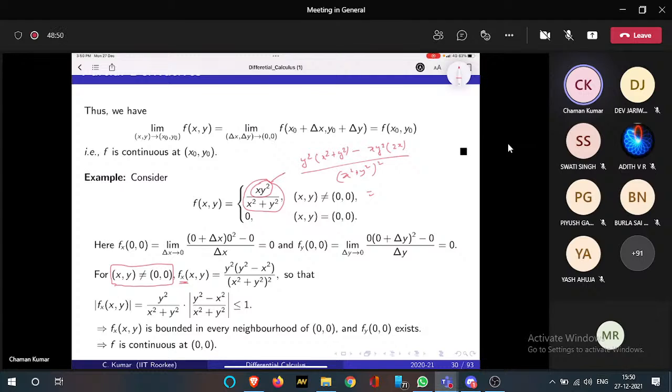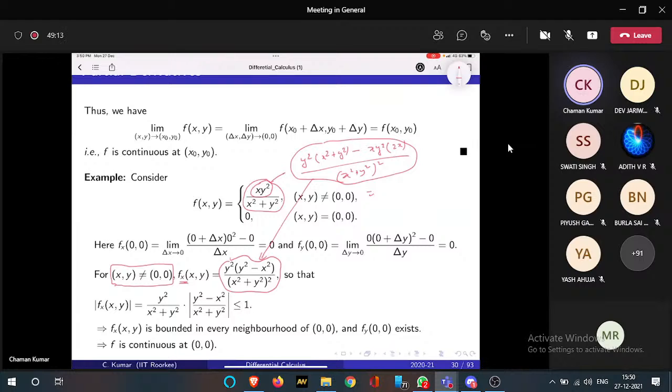So when you calculate the partial derivative with respect to x, you treat y as constant and differentiate with respect to x. After solving, you get this quantity.